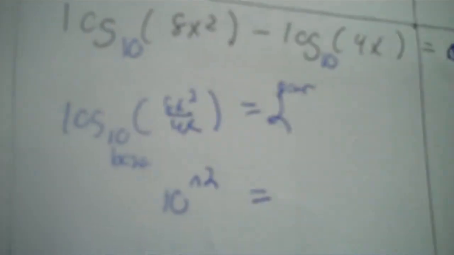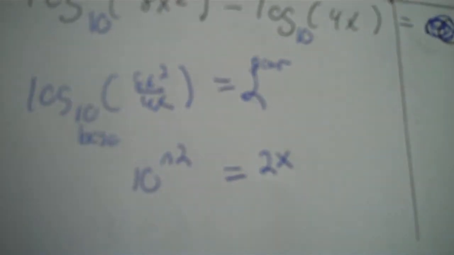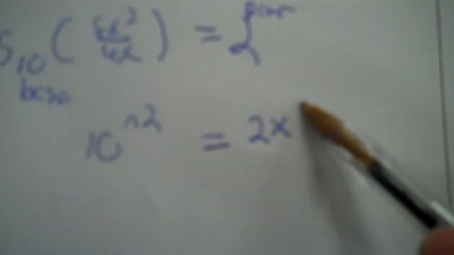So then we'd have 10 to the power of 2. Now simplify: 8 divided by 4 is 2, and x squared divided by x is x. So, solving for x, it does not have a power on it, so that means there's just one answer, and we use the linear properties to solve it. First off, before you divide by 2, you got to figure out what 10 to the second is. That would be 100. And 100 divided by 2 is 50, so 50 is equal to x.